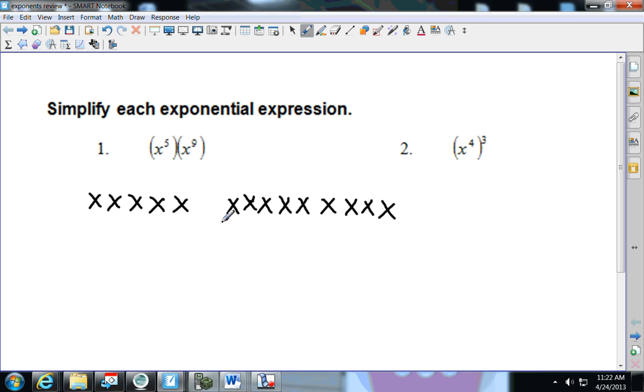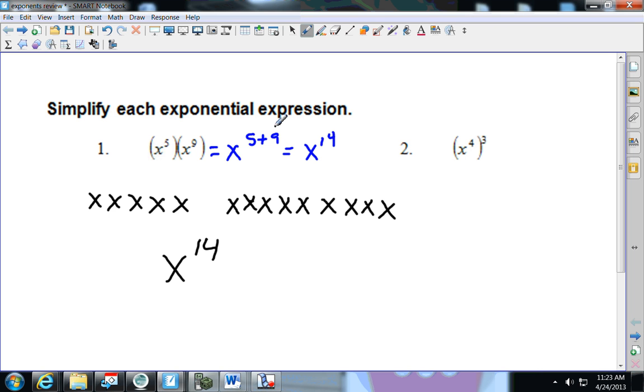I have 5 and 9 more, which is x to the 14th. So the shortcut is that when the bases are the same, these x's are called bases, you add the exponents. So x to the 5 plus 9, x to the 14th.